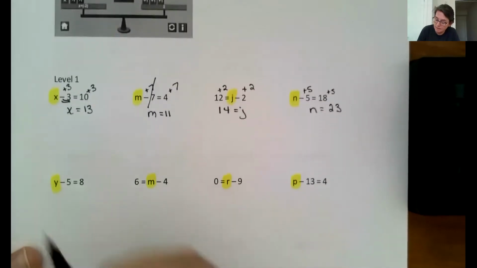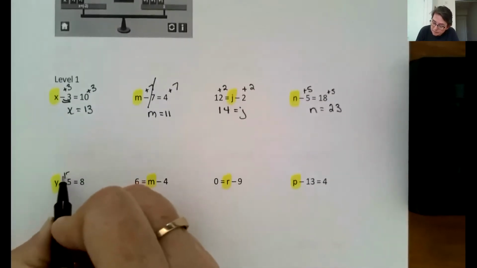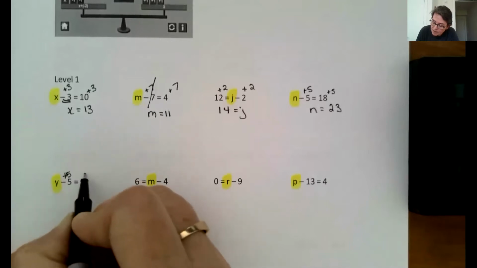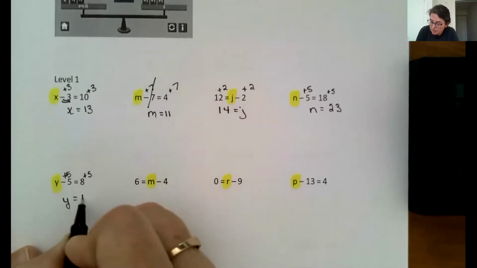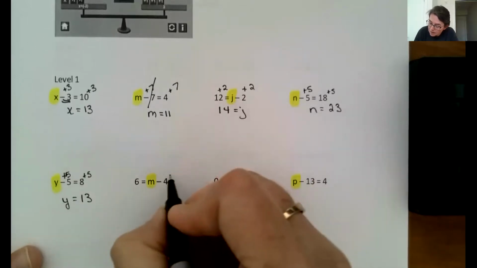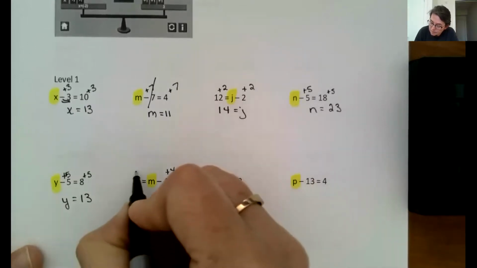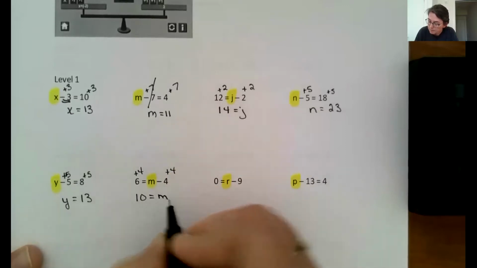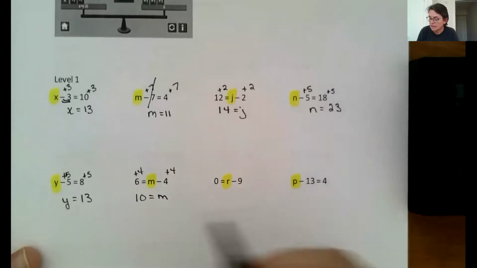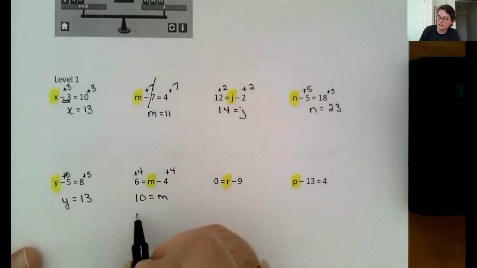Move that up so you can see better. Plus 5, plus 5, y is equal to 13. Then 13 is equal to m. Don't get excited about having the m on the left-hand side.